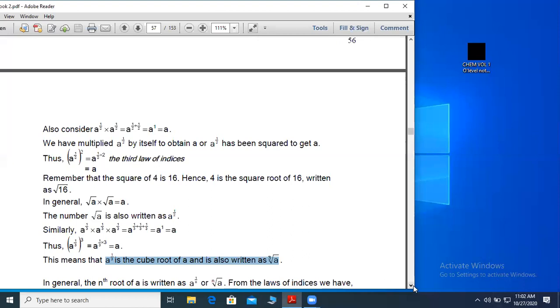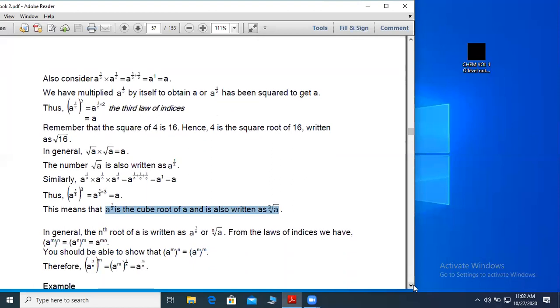So in general, the other rule is here. a power 1 out of n is the same as the nth root of a. Meaning if n is 5, then this will be the 5th root of a. If n is 4, this will be the 4th root of a.